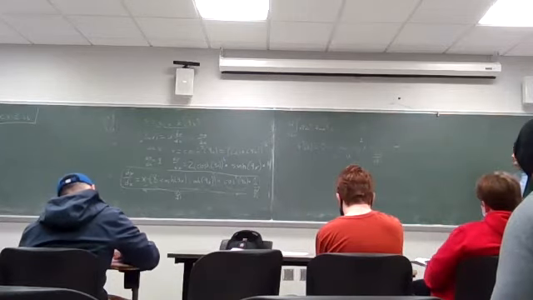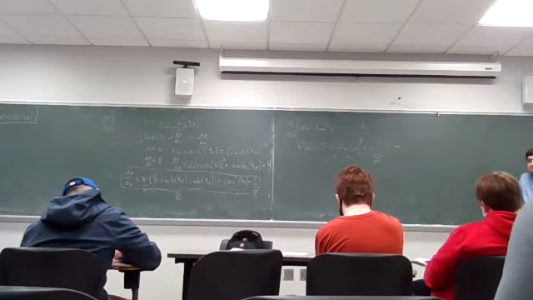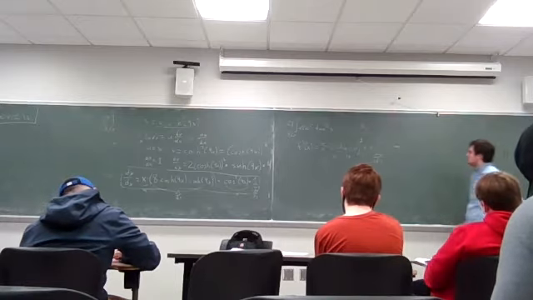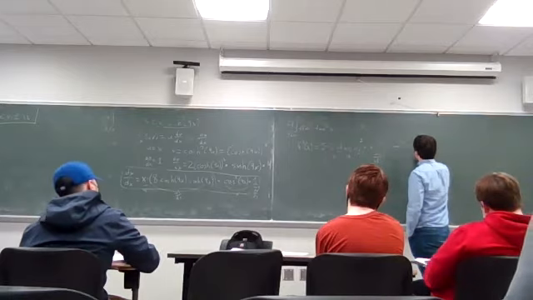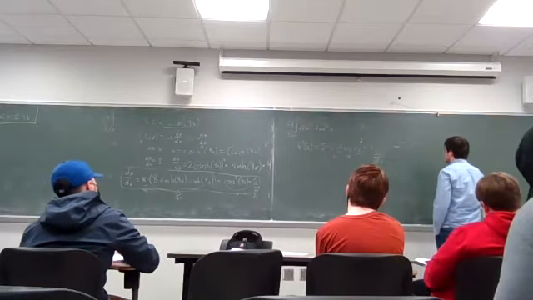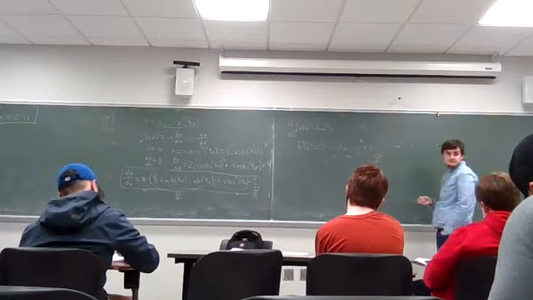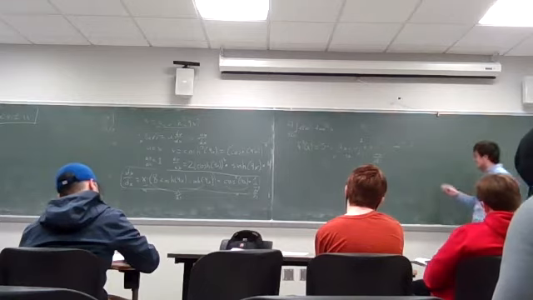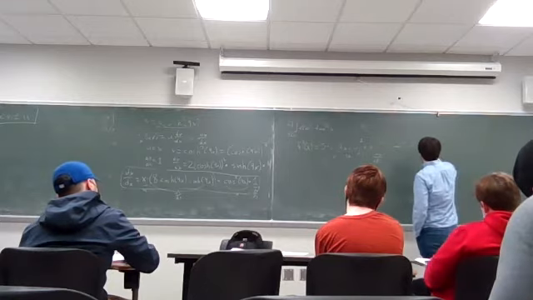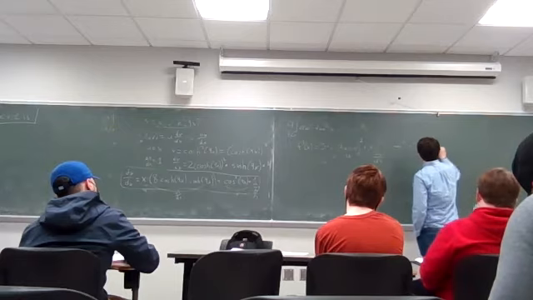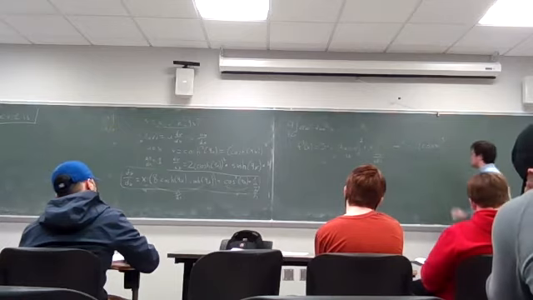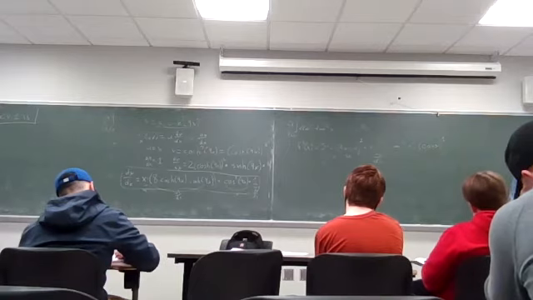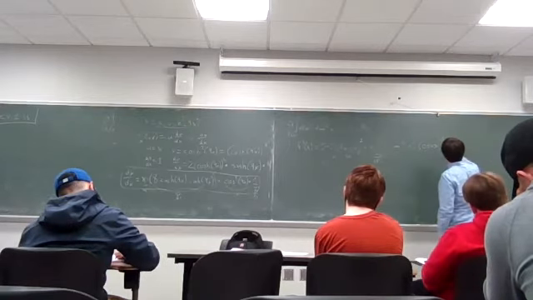And now, how do we do 3 cosine squared x? General power rule again. Good. So we have 3 times 2, which is 6, cosine x to the first power, times the derivative of cosine, which is negative sin x.